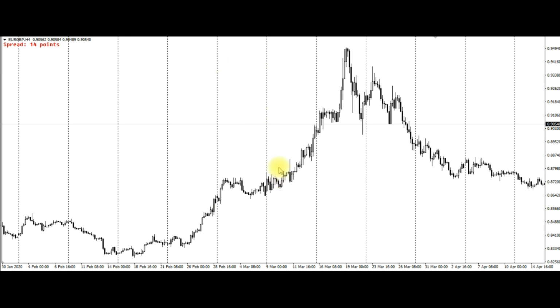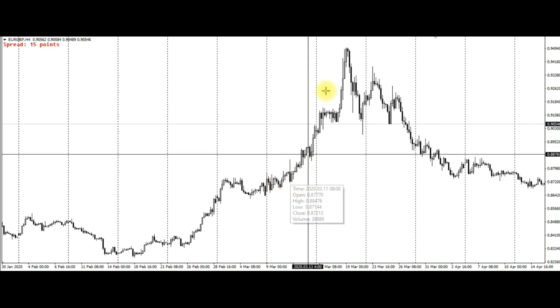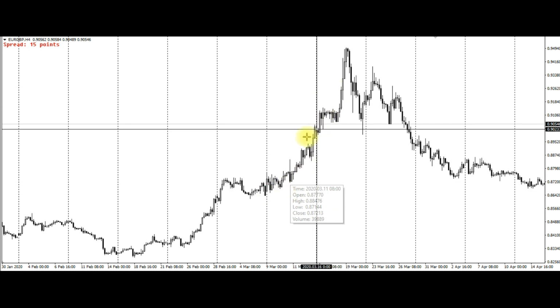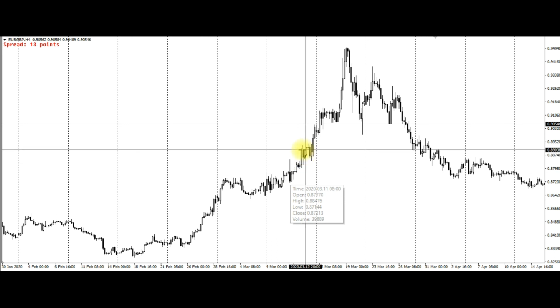Okay, you can get another one here, around a bearish order block over here. Prior to this move up, a bearish candle, price traded into it around this area, and then there was a great rally.